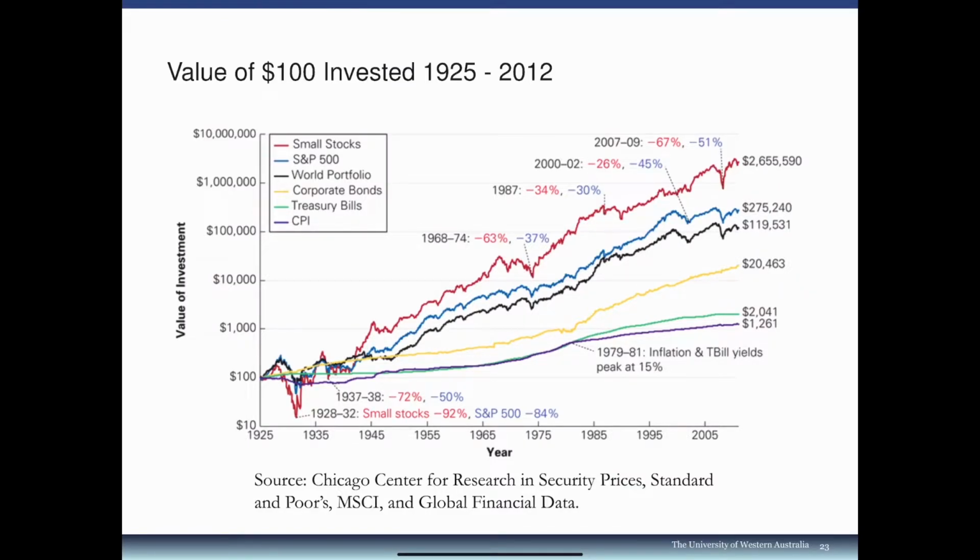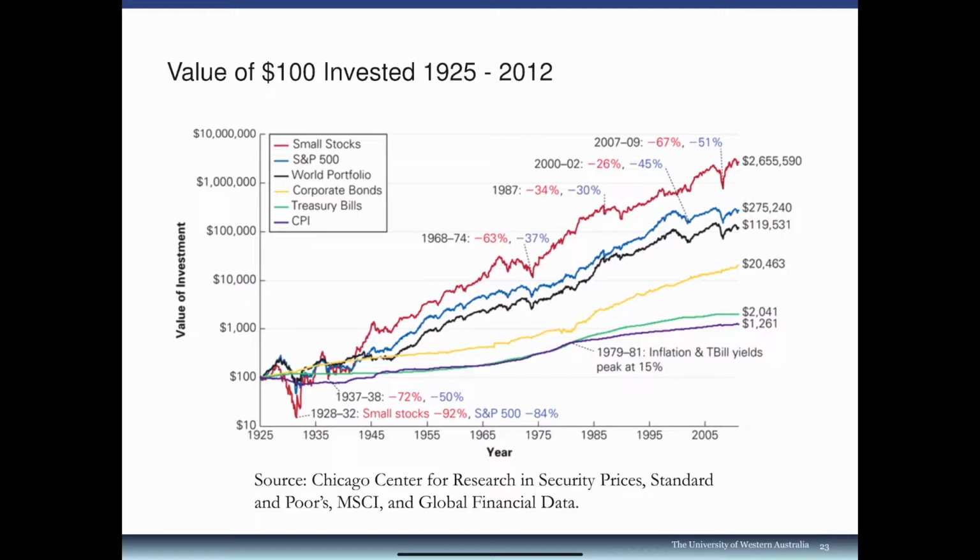CPI here is the inflation rate, so you can think of it as what the nominal amount is going to grow to. Treasury bills are short-term loans made to the government. Corporate bonds are bonds issued by a company. The world portfolio is a synthetic portfolio. It doesn't exist, but it's like a portfolio invested in the whole world equity market.